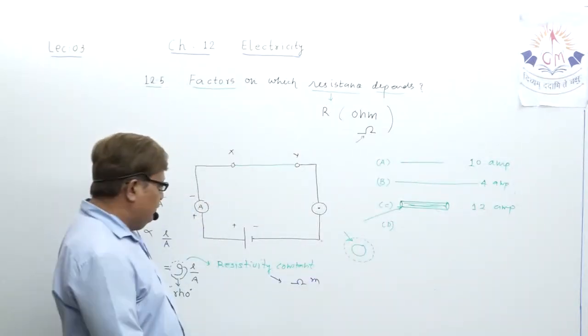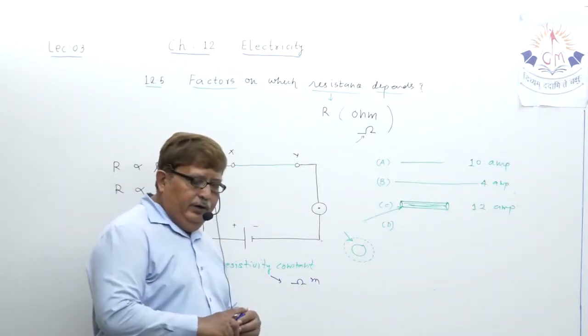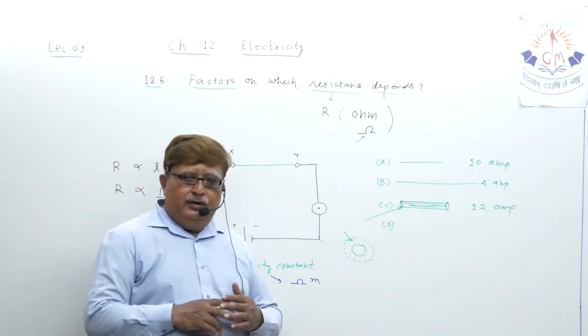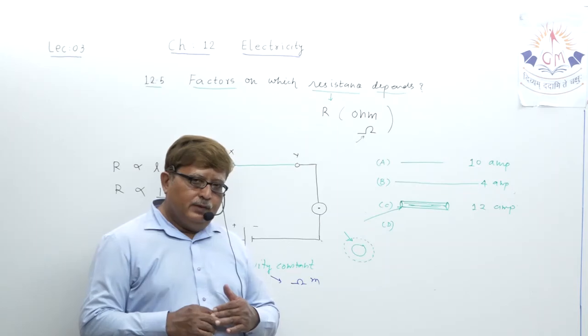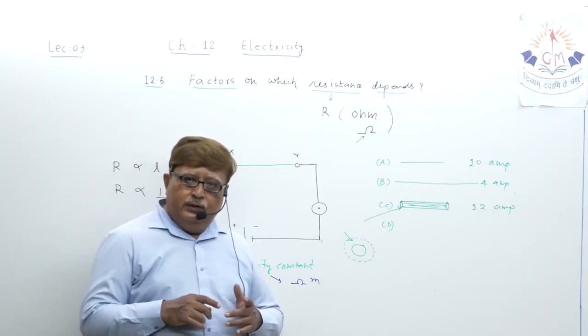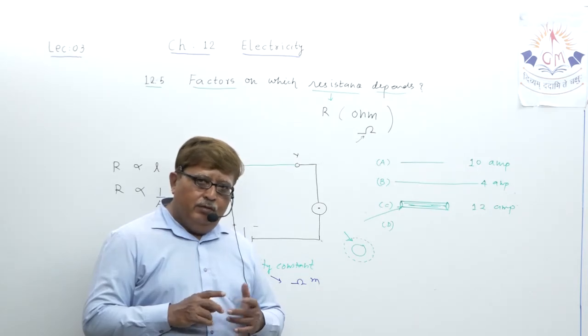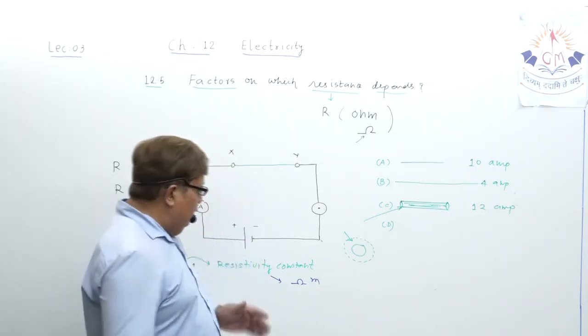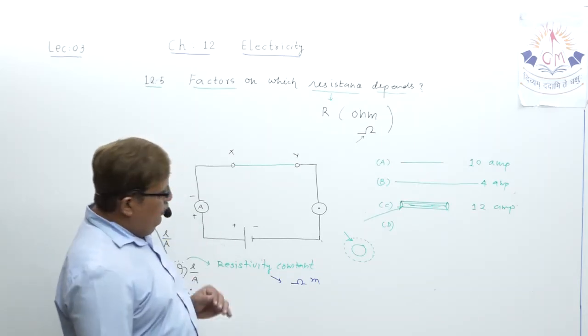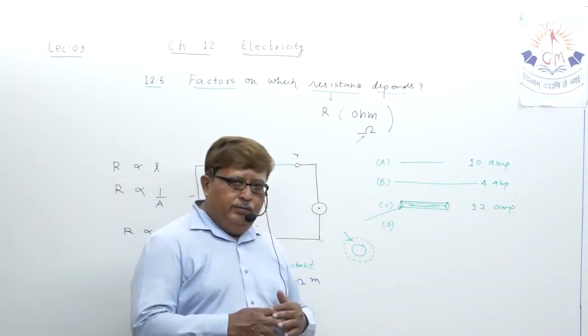Okay. So is it clear in your mind regarding resistivity? Resistance is measured by unit ohm, but resistivity by ohm meter. You understood this? So my dear student, is it clear in your mind?